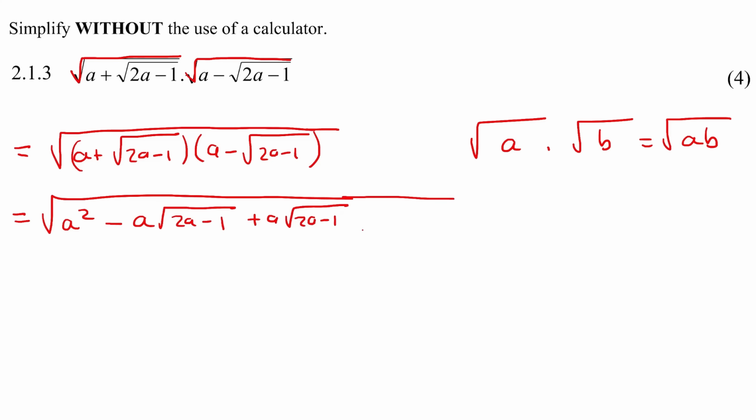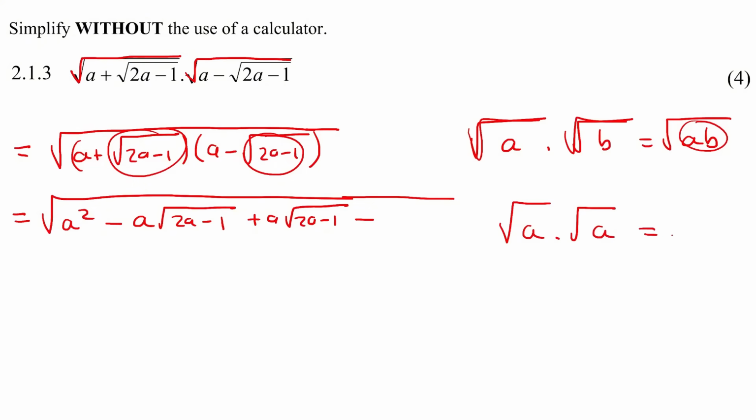And then here we're going to use this rule once again, where if you're multiplying, let me just quickly explain. If you multiply, as we said, two square roots together, you can just do that. But if the two things that you are multiplying are exactly the same, then have a look what happens. A times a becomes a squared, but then what does the square root of a squared become?